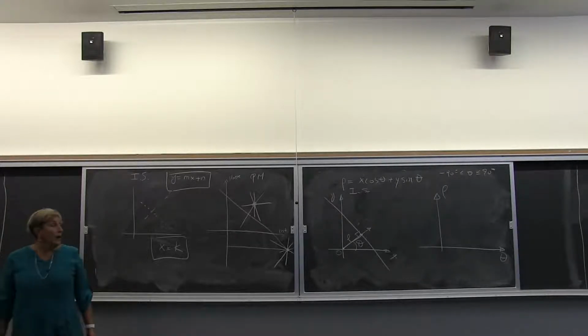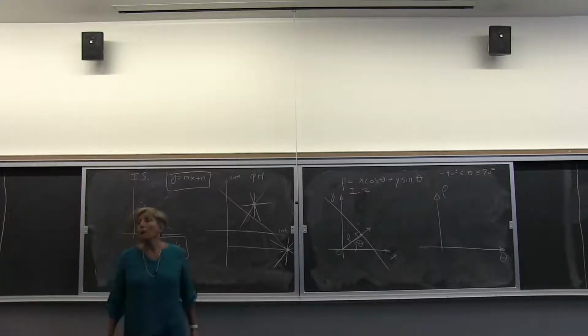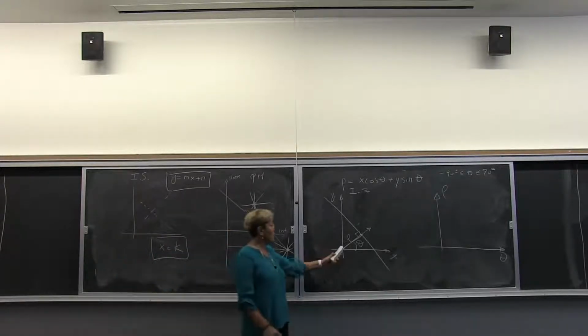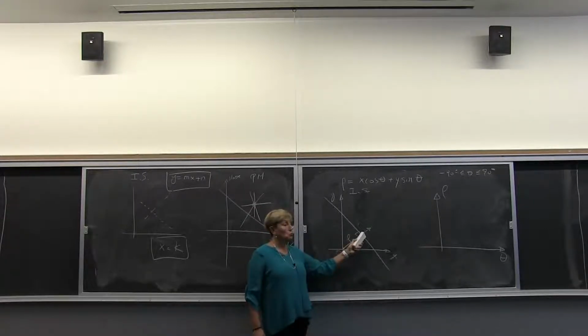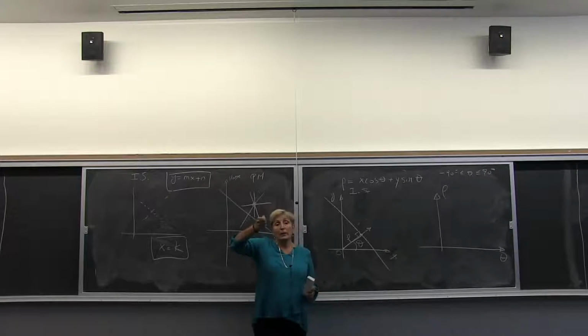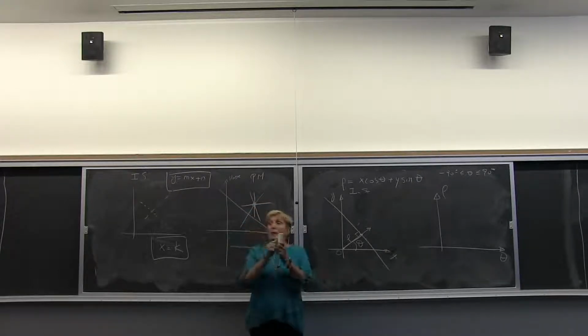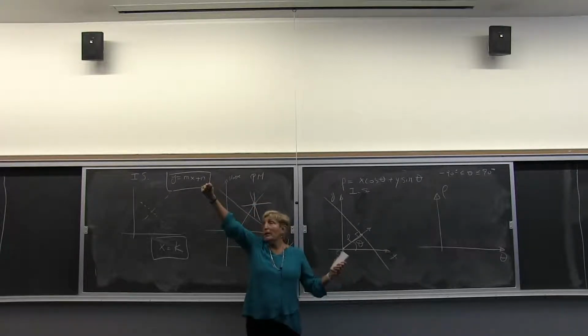How about rho? Rho is the distance from the origin to the line, right? So depending where I put my origin, in the center of the image or in the corner, how far can it be? At most it will be the diagonal of my image.